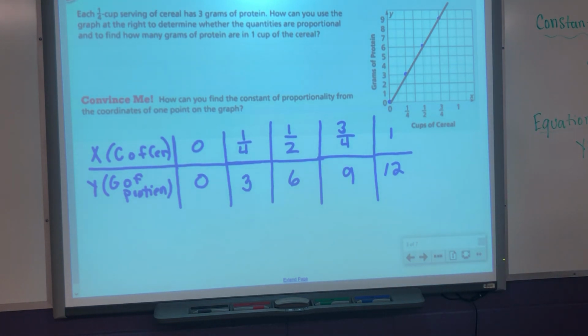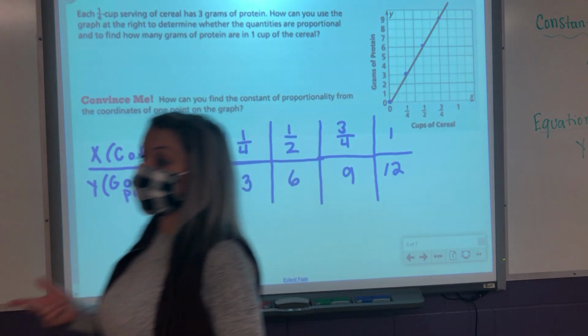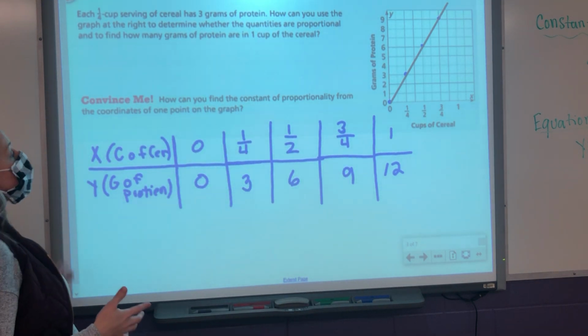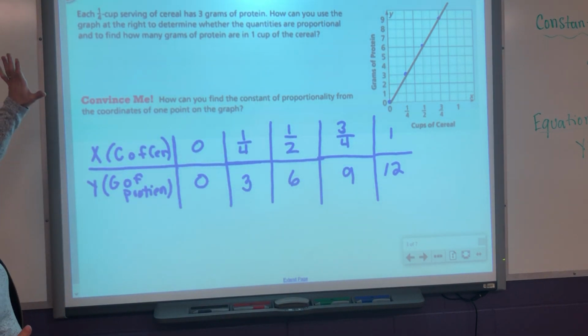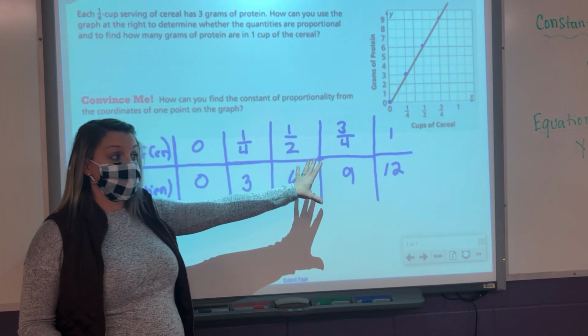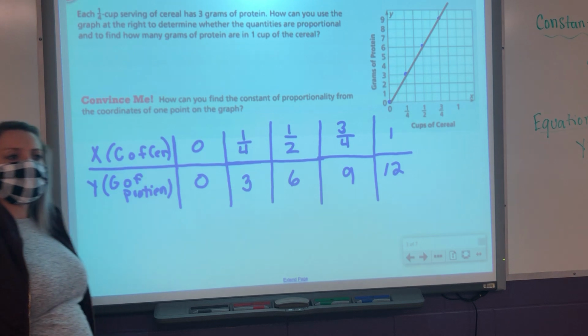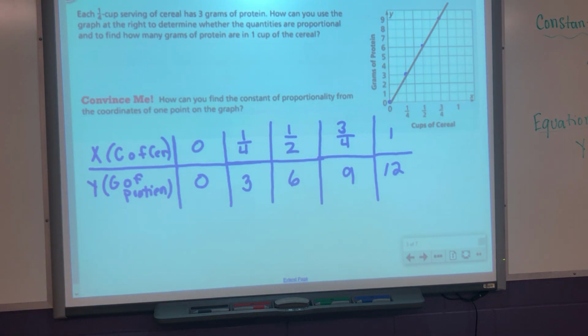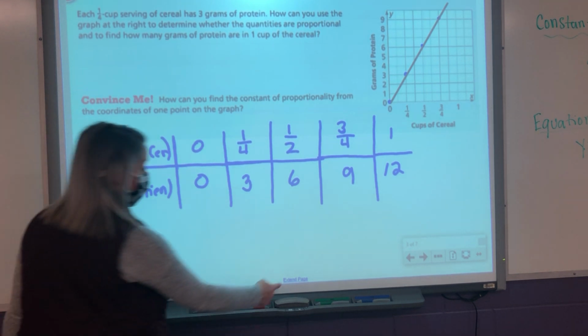Straight line? Yeah. So the origin? Is our relationship proportional? Yes. Okay? So we think this is true, correct? How would we know? Okay, so we could test for proportionality, right?